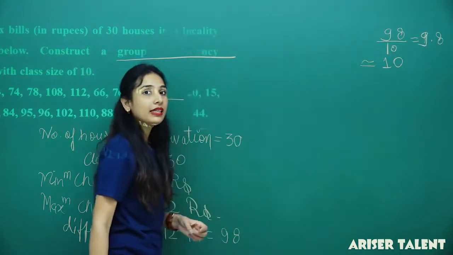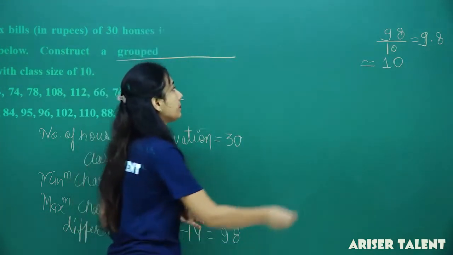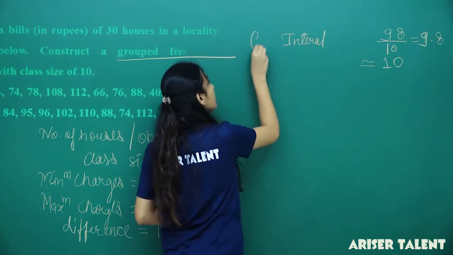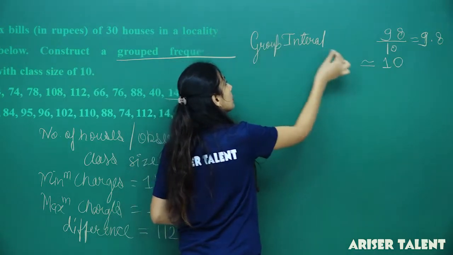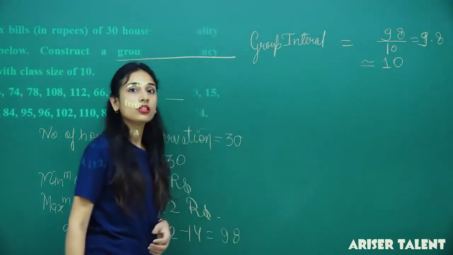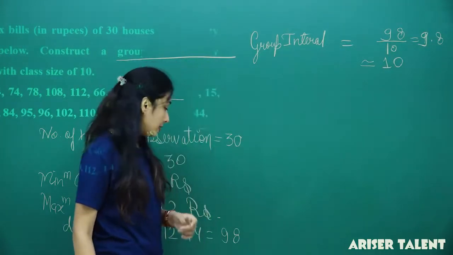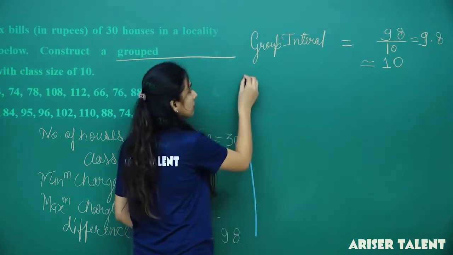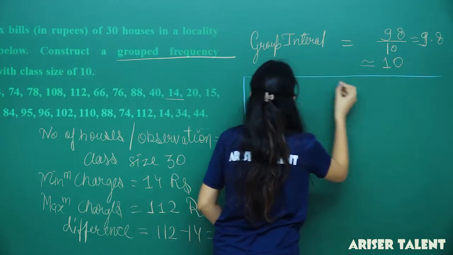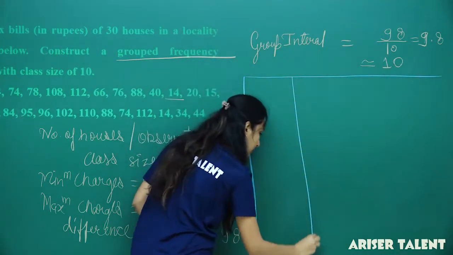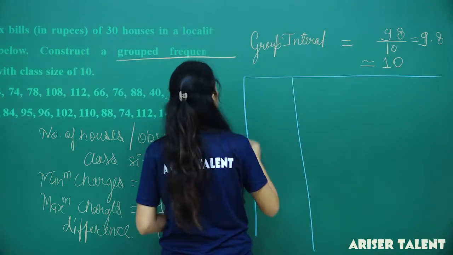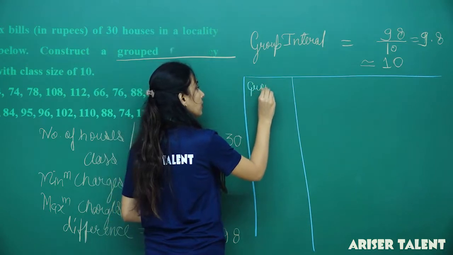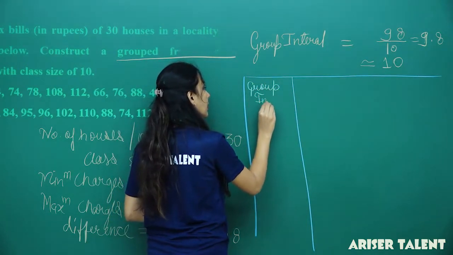So the group interval equals 10. Now, if I am taking 10 as the group interval, I am here talking about the group interval or class interval.